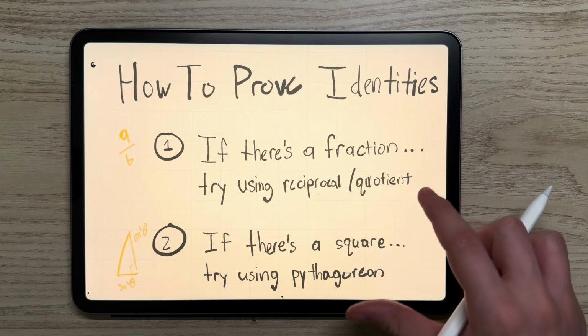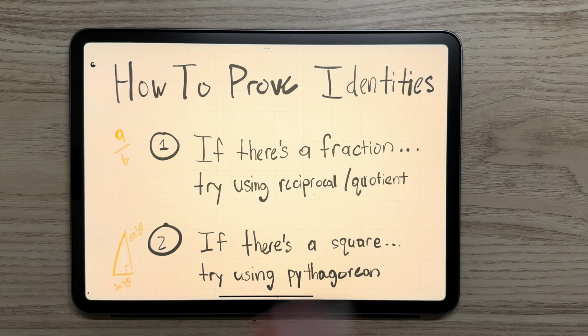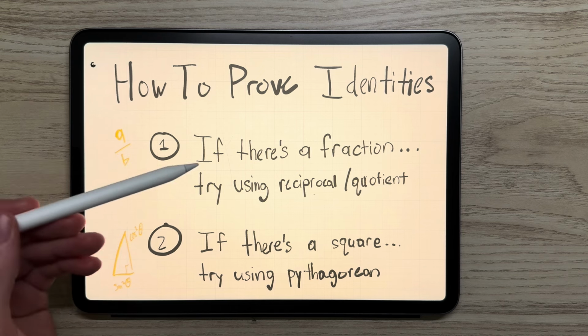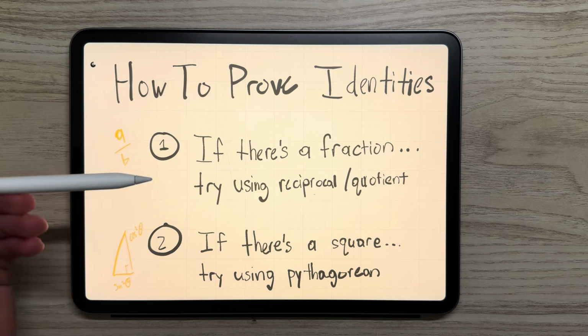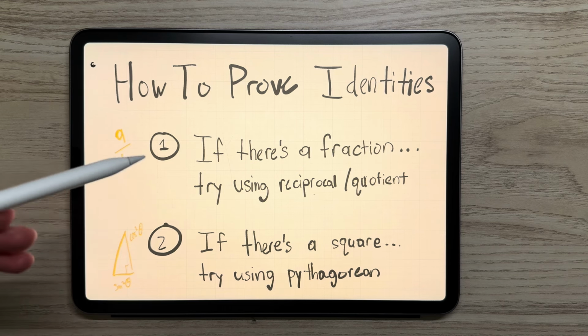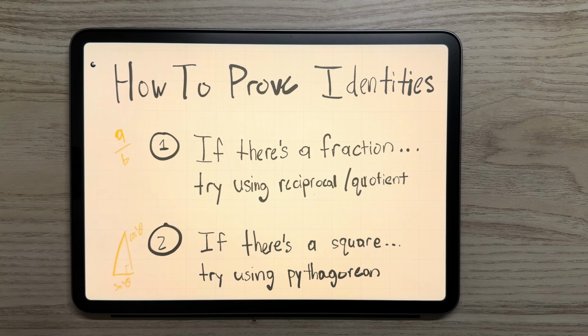So now, here's how to prove other identities besides those three. So, the first thing to try: if there's a fraction, try using reciprocal and quotient identities. So if you ever see something plus something all divided by something else, and it uses sine and cosine and secant, then you can try to apply some identities to get to what you want to prove.